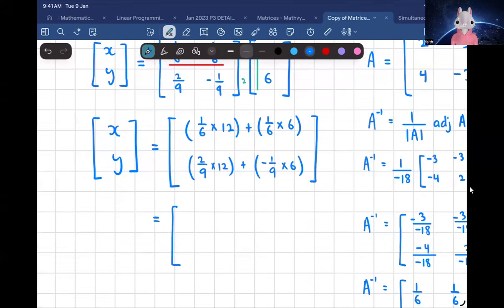So what's 1/6 by 12? 2. What is 1/6 by 6? 1. What is 2 over 9 by 12, in its simplest form? 2 by 12 is 24, so 24 over 9.